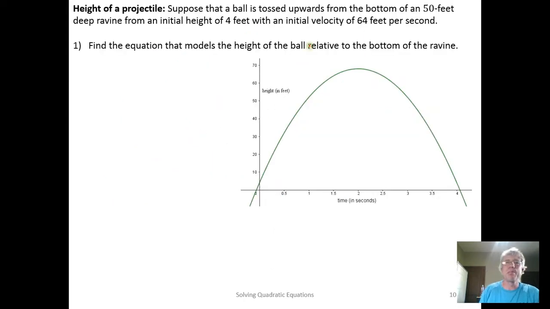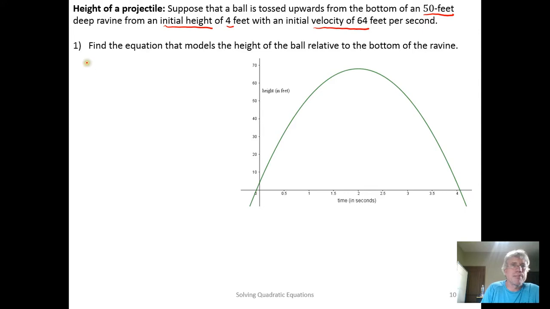So here's something that's common. You'll be given information about the model. Suppose that a ball is tossed upwards from the bottom of a 50 feet deep ravine from an initial height of 4 feet with an initial velocity of 64 feet per second. So there's some information that I gleaned from this.